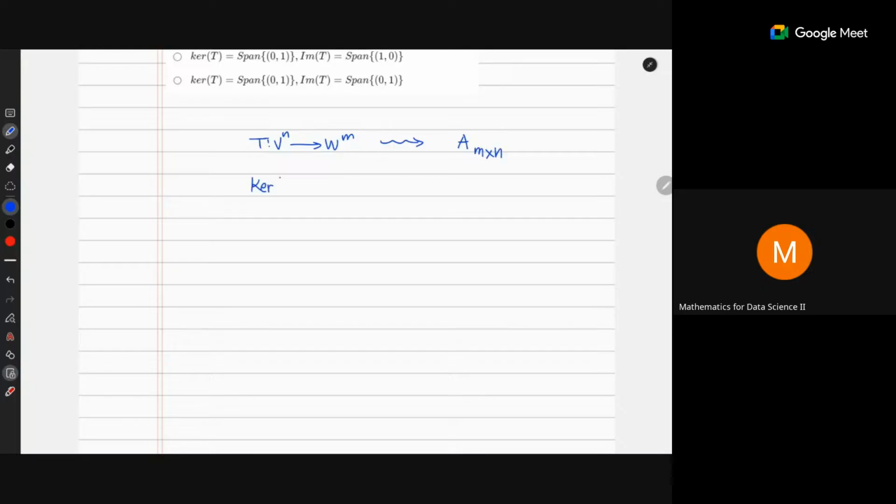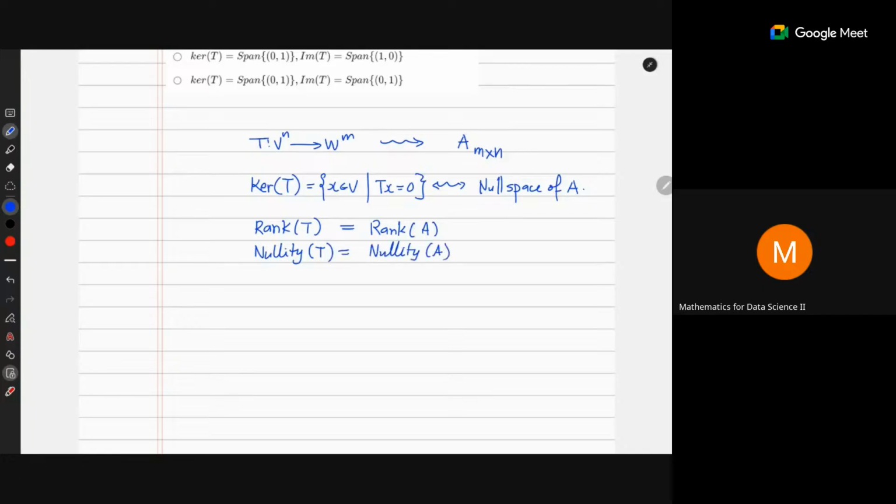Now we have defined the kernel of T to be the set of all x in V such that Tx equal to 0. This is equivalent to the null space of A. Similarly, I can define the rank of a transformation as the rank of the matrix A, and the nullity of T as the nullity of the associated matrix A.